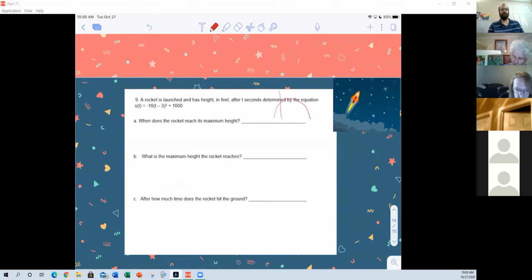And the vertex would be what? The vertex of this parabola. Three and 1600. 3, 1600, right?